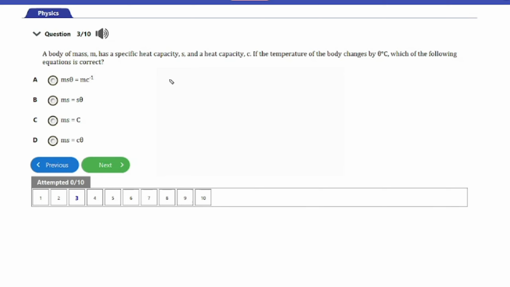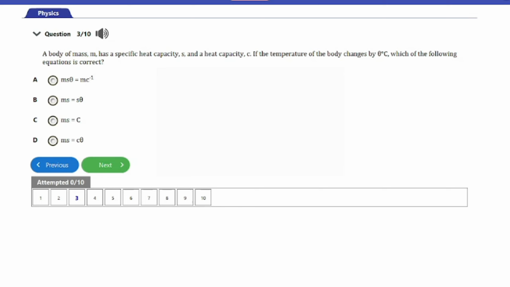For this, heat loss will be equal to heat gained. So we are going to have C theta is equal to MS theta. We can cancel out theta, and then we have that C is equal to MS. Option C is the answer to this question, and that's MS is equal to C. So that's it for this question.